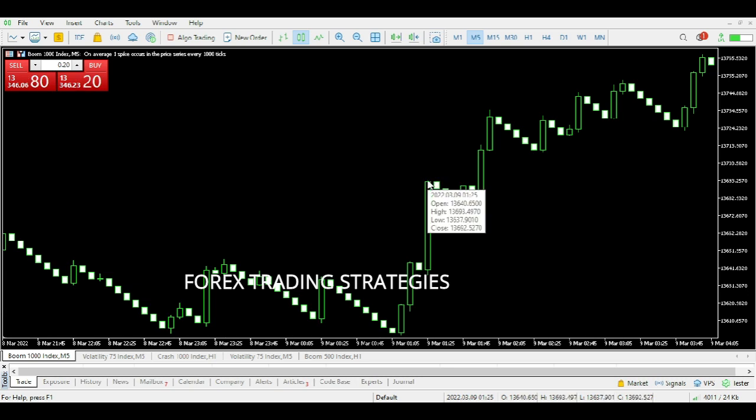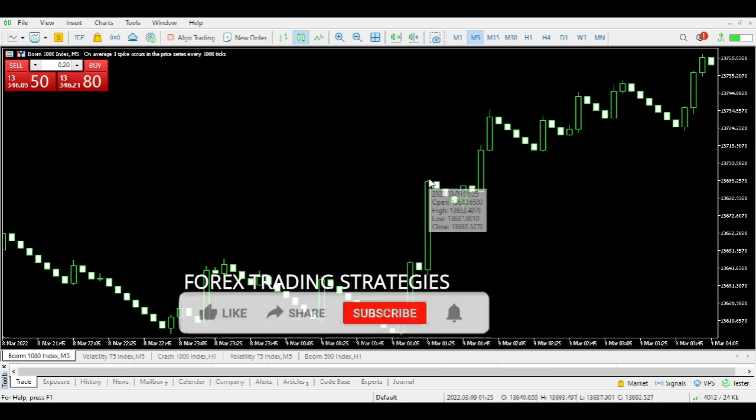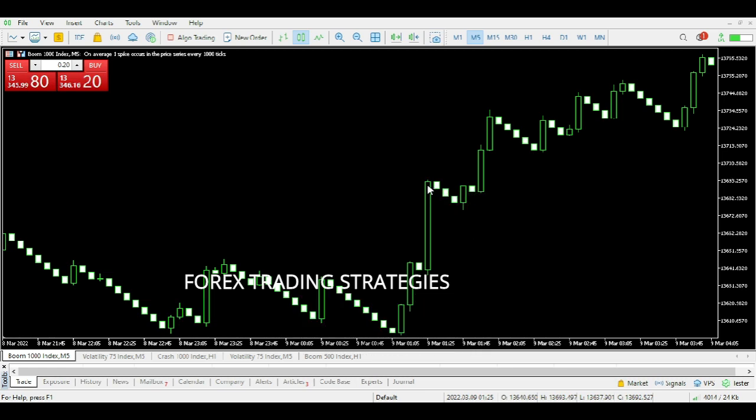We have a tail there, which is the high, and this will be the close of the bullish candle. The tail there will be the high, and we want to compare it with the open of this candle.